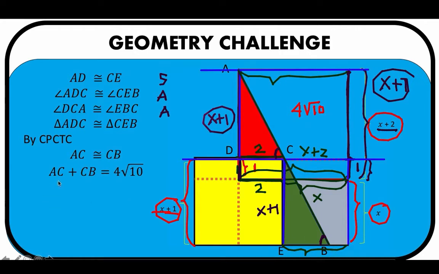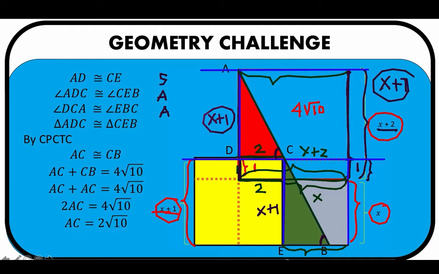So we now have this equation: the length of segment AC plus the length of segment CB is equal to 4 square root of 10. By substitution, since AC is congruent to CB, then we can replace this CB by AC, and so we now have 2AC is equal to 4 square root of 10, and dividing by 2, we found that the length of segment AC is 2 square root of 10.